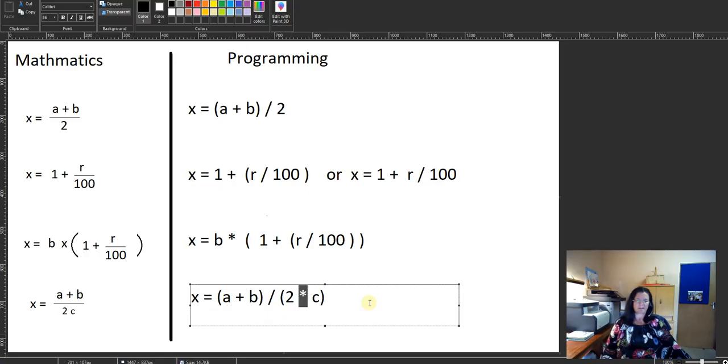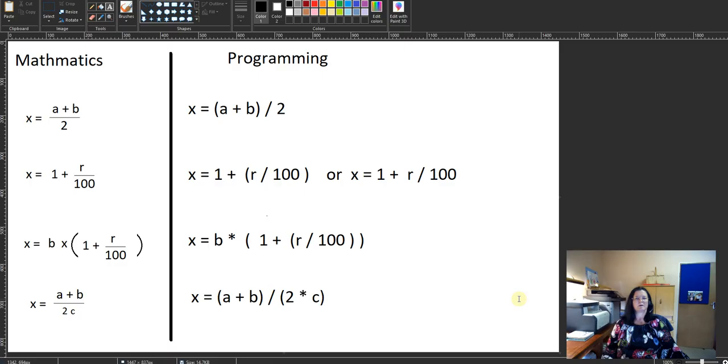So I need to state that there's going to be multiplication. And both the A plus B and the 2 multiplied by C will appear in parentheses. This will first be executed, that next, and then the 2 results will be divided by one another.